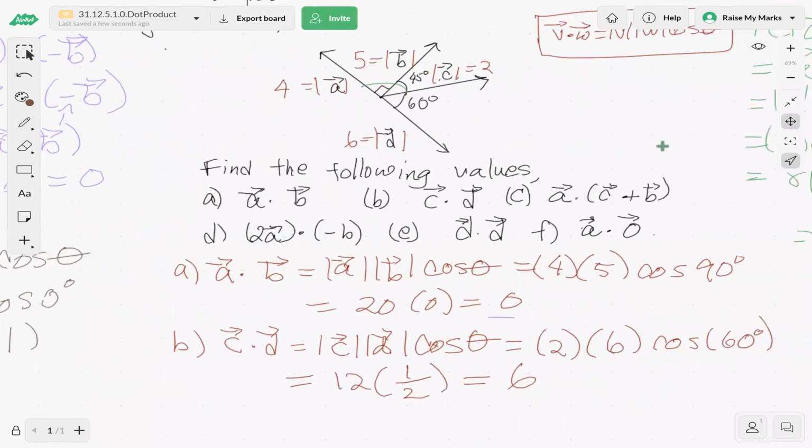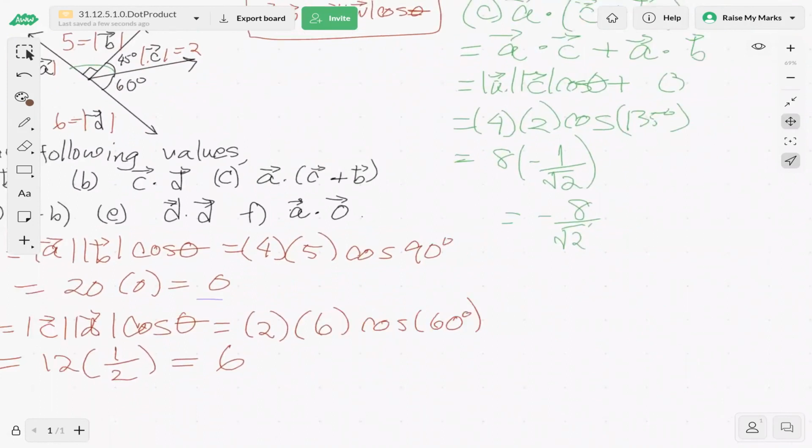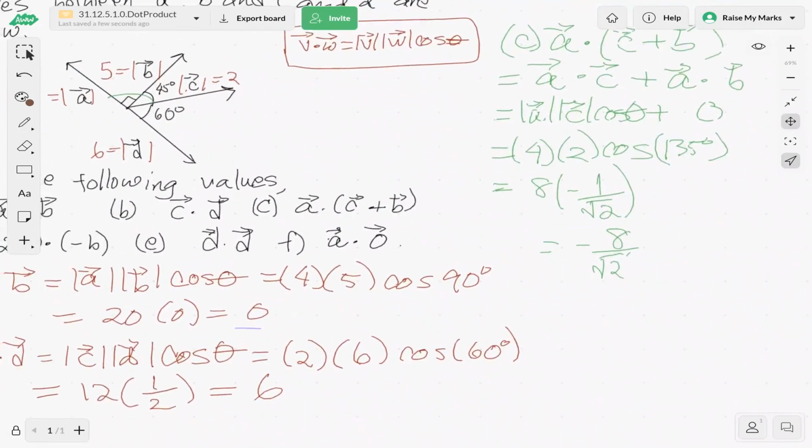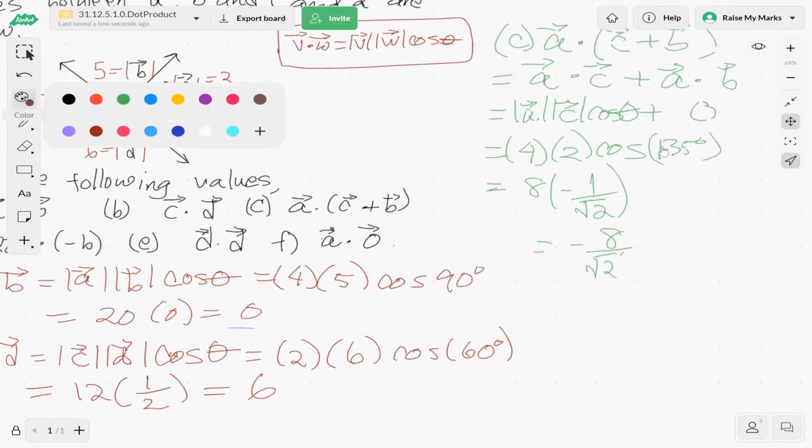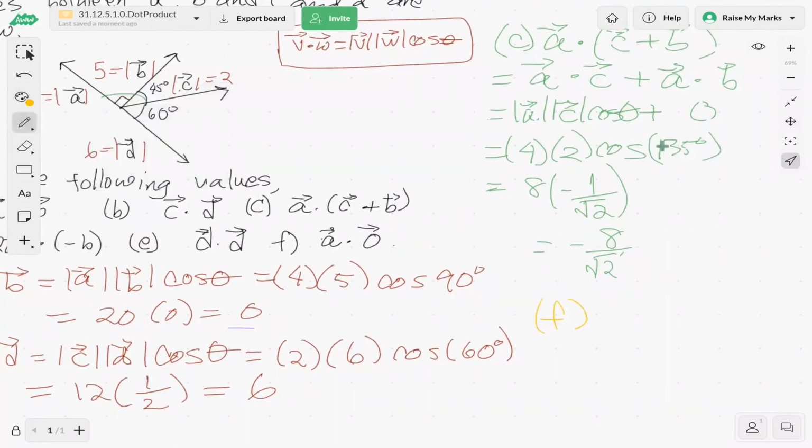All right, and we have one left, F. Let's scroll back over here and pick another color. Let's do yellow. For F, we want the dot product of A with the 0 vector. Let's write this out: the magnitude of A times the magnitude of the 0 vector times the cosine of the angle between A and the 0 vector.